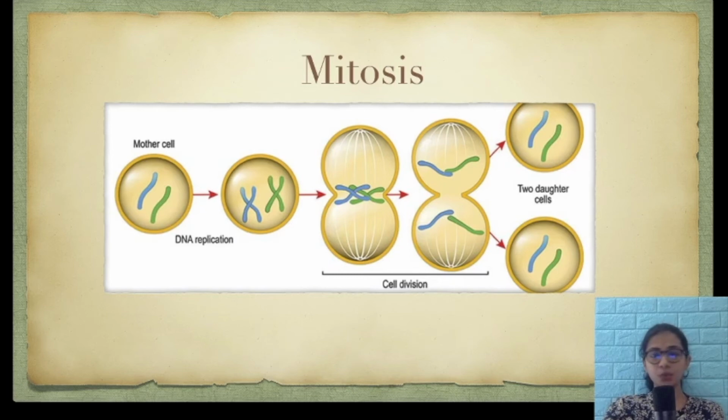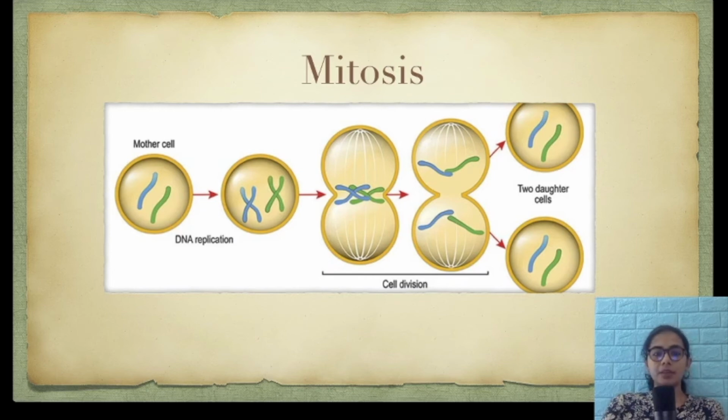Eventually it becomes two daughter cells, right? During that cell division, you can see that the chromosomes are getting equally divided between the two daughter cells. And in the end, the daughter cells resemble exactly the mother cell in respect to the number of chromosomes. That means the daughter cells have the same number of chromosomes as that of the mother cell.